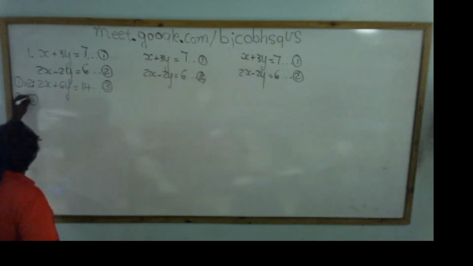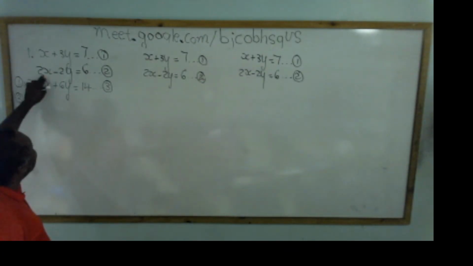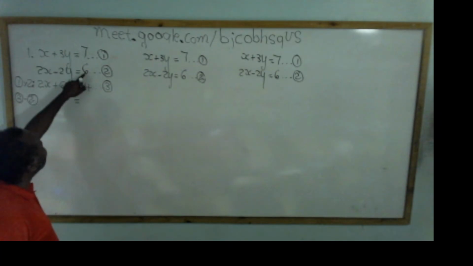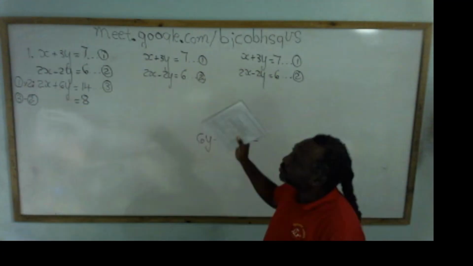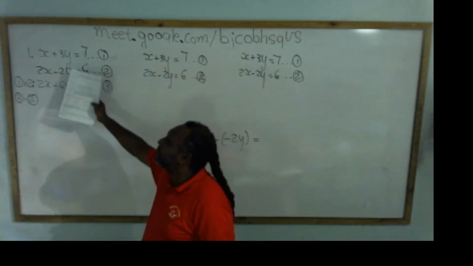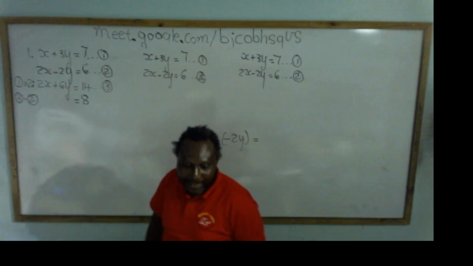What happens now? 2x minus 2x, that's gone. 6y minus negative 2y. And then 14 minus 6, and that's 8. I'm going to put this under the 2. It is not 6y minus 2y. It is 6y minus negative 2y.